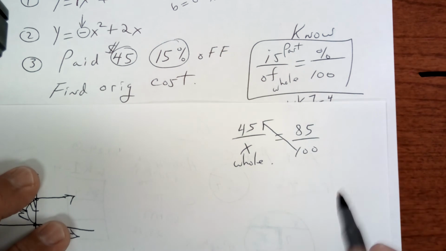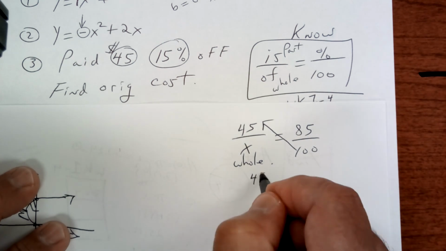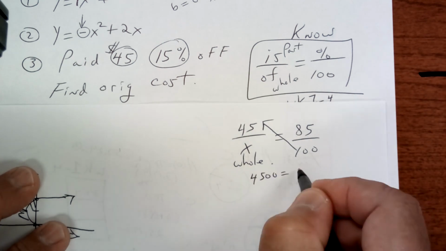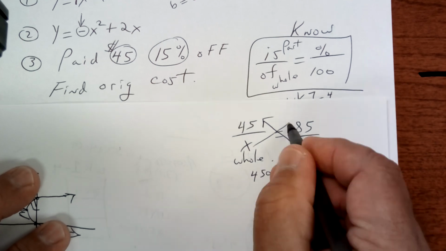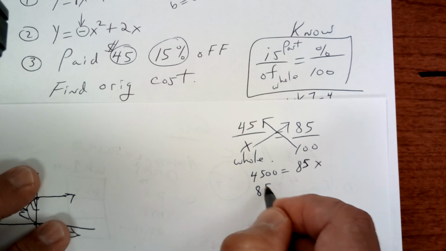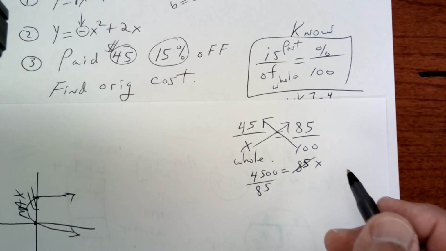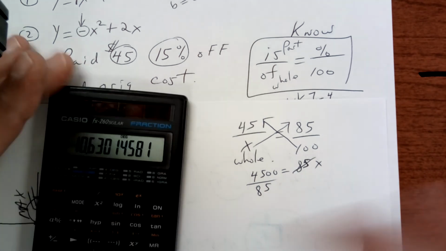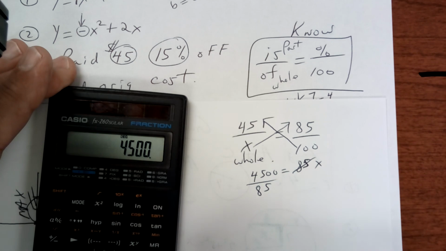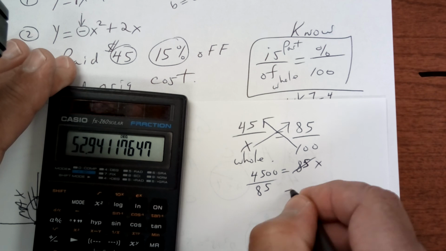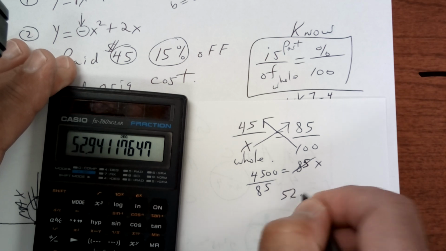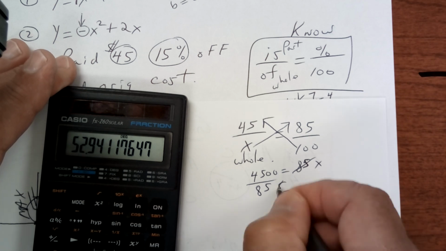So you're going to get 4,500 is equal to 85 times x right here when you cross multiply. And then you're going to divide by 85. And that should work. So we're going to take 4,500 divided by 85, and I get 52.94. And that was the original cost.